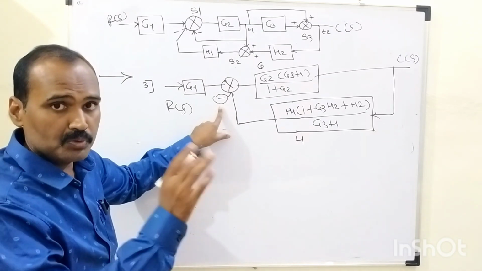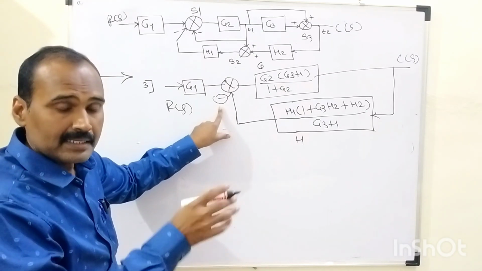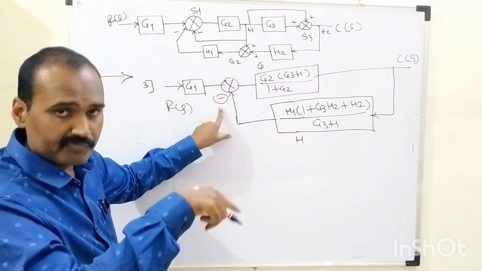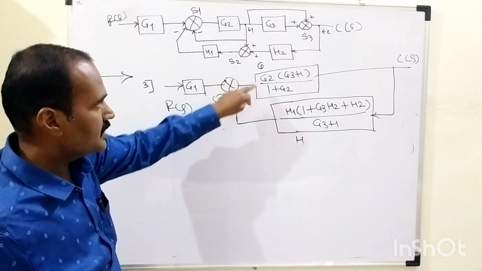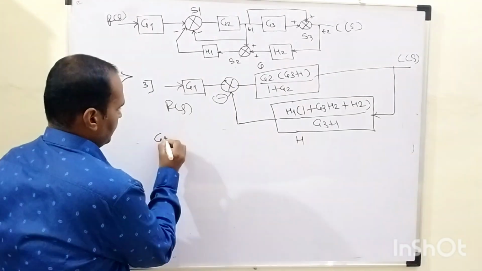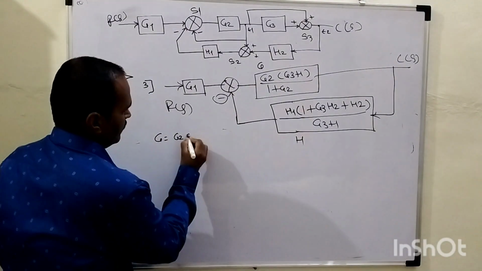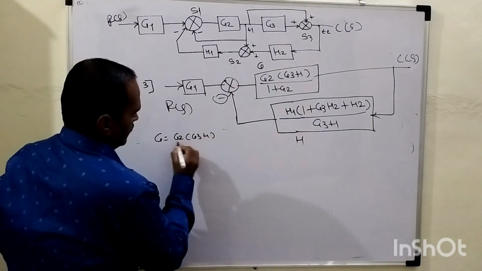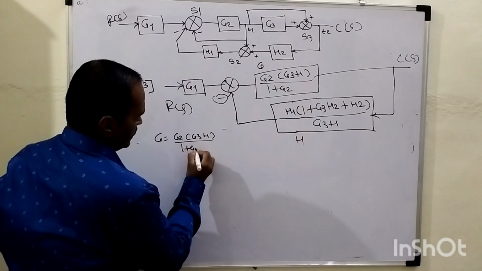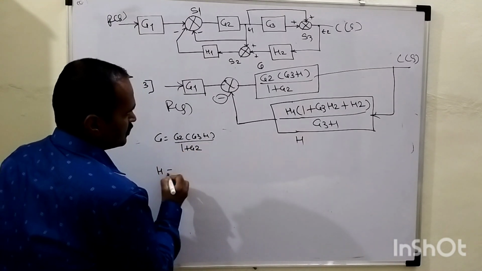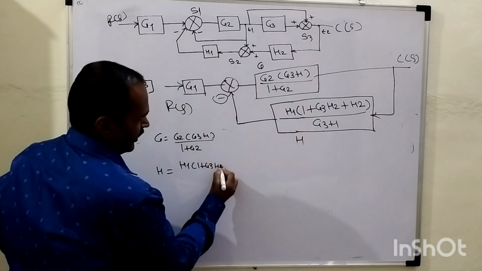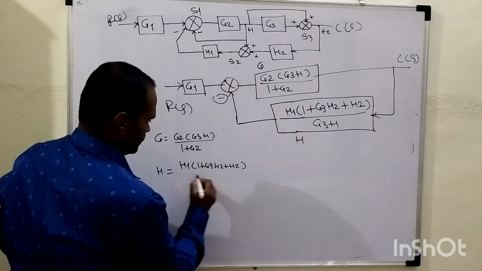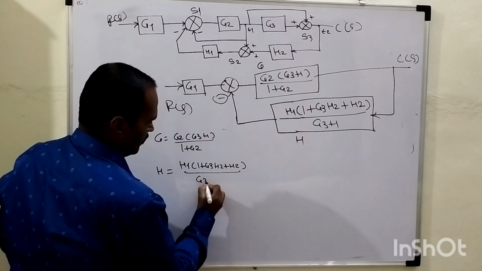Already that reduction rule number 3 was adopted in our first step, right? So the same concept is being used here. Here the only thing is: G equals G2 times G3 plus 1 over 1 plus G2, and H equals H1 times 1 plus G3 H2 plus H2, divided by its denominator, which will be what?